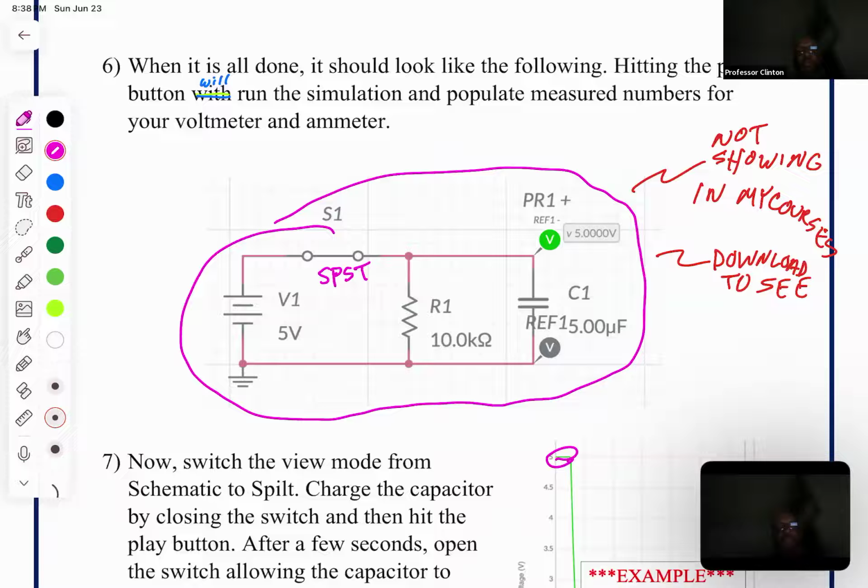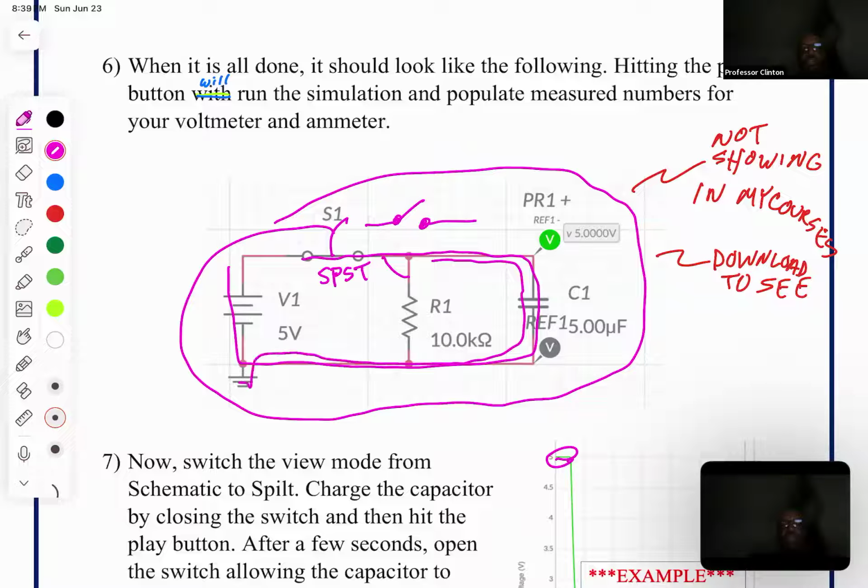You'll see it open, looking like this. We set it up so that it was kind of like a two-way switch. When this is closed, the charge runs through here in this manner. When it is open, this charge is going to want to discharge into what we call ground.